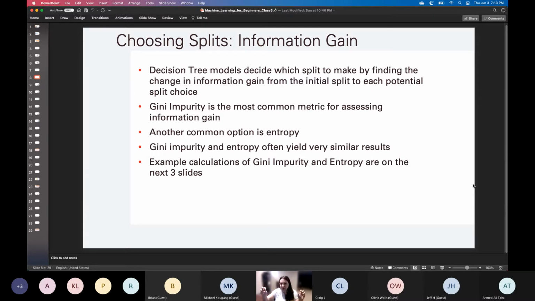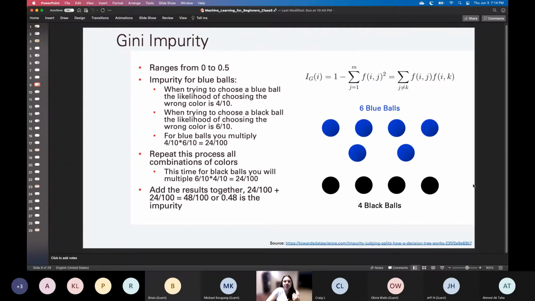So this is one of those hyperparameters with a tree-based model that you can try multiple values for and see if the accuracy increases or decreases in your use case. Gini impurity talks about basically how much information you get, or how much variety in your groups is coming out. So it's easier to just talk about the formula.